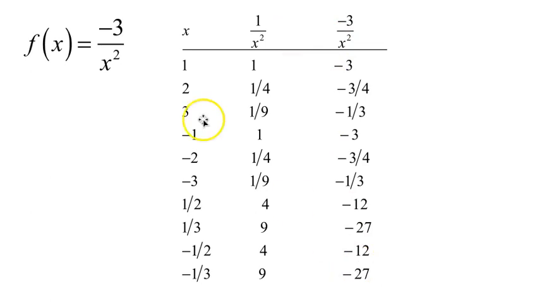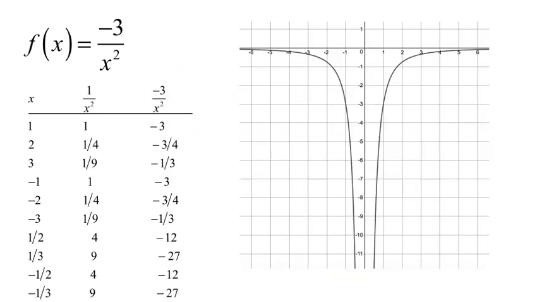Notice these are all negative values, so I'm going to plot 1, negative 3. I'm going to plot 2, negative 3 quarters. There's 1, negative 3. 1, 2, 3. 2, negative 3 quarters. 3, negative a third. And a half, negative 12. A half all the way down to negative 12, which is about here.